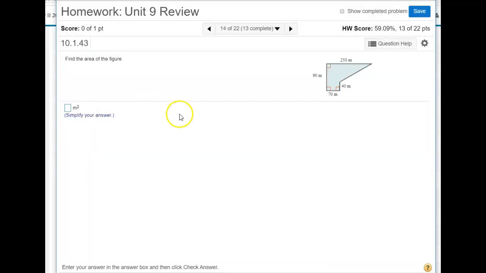The next one is a composite figure. Lots of different ways that you can draw it. The best way I see to break it down is possibly right here. So we've got a rectangle plus a triangle. So again, I'm going to write out rectangle plus triangle.